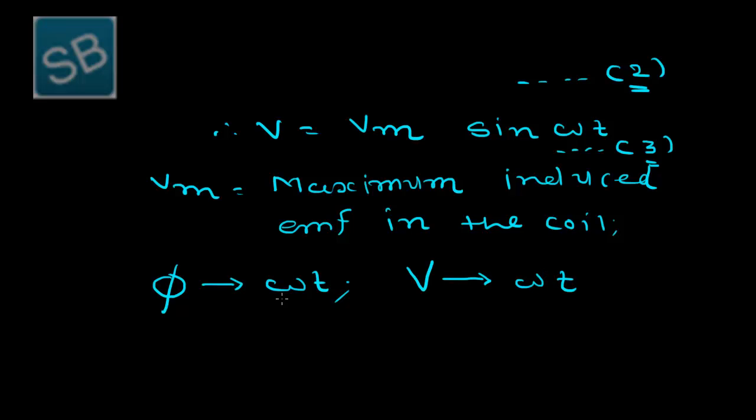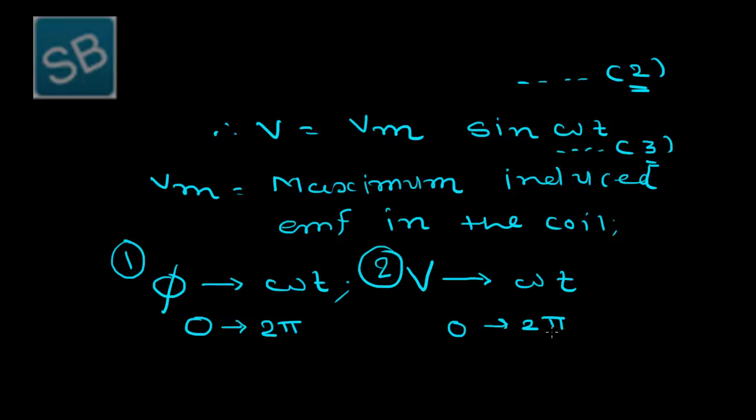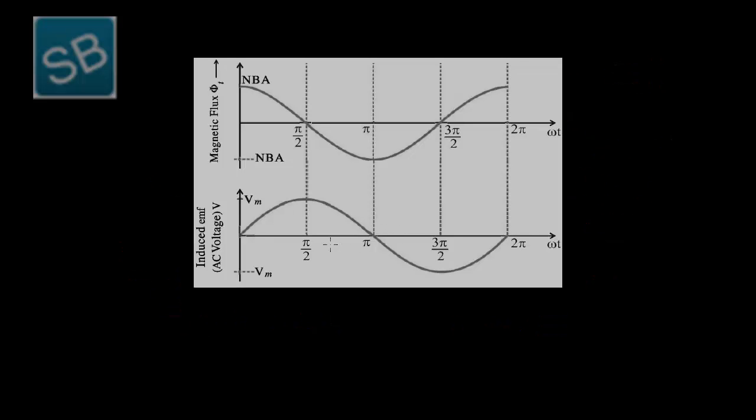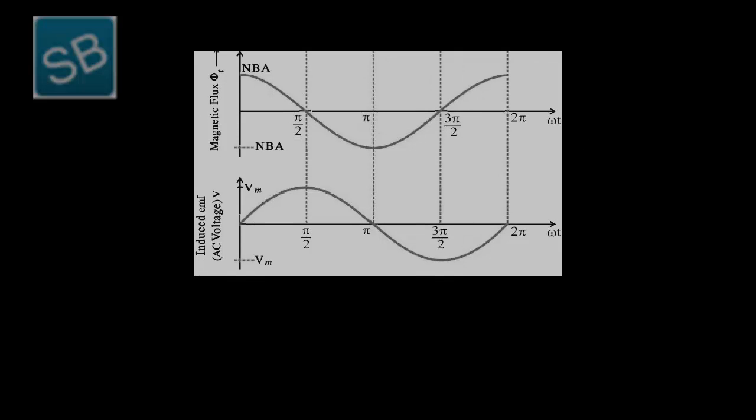In both the cases, I am giving my limits 0 to 2 pi, and in this case the limit of omega t is also 0 to 2 pi. And with this I am drawing the graph of the first and second relations. So these graphs come out as, so this is the graph showing the relation of magnetic flux to omega t.